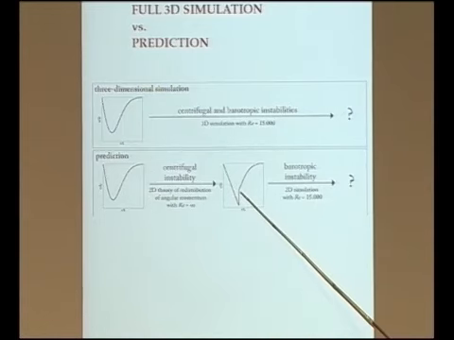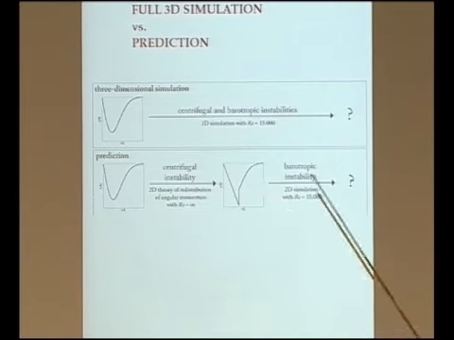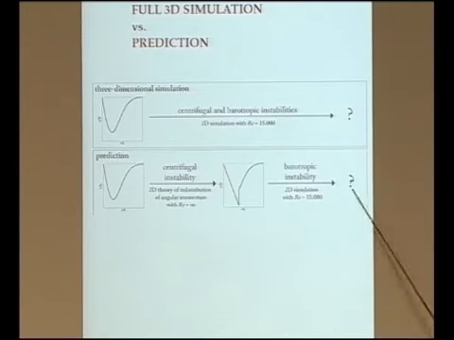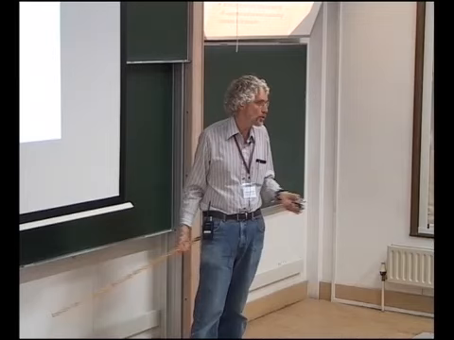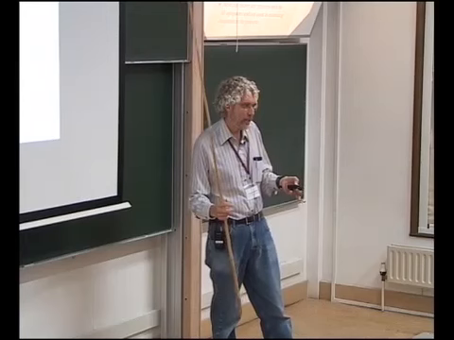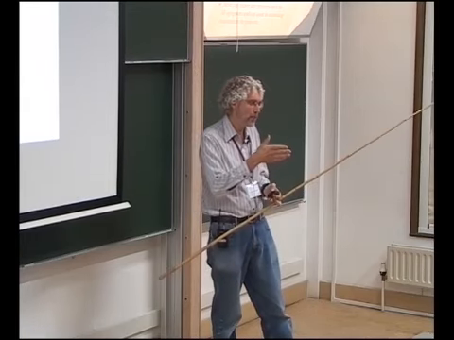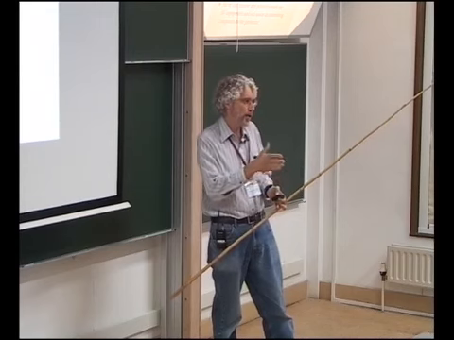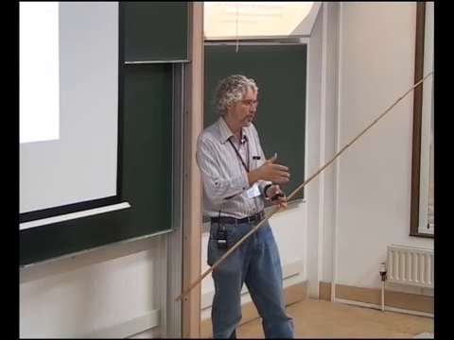And now we're going to compare it with taking the initial profile, assuming that centrifugal instability works to completion, and that gives us a new profile. So just the prescription alone gives us the new profile. And then we take the new profile and use barotropic theory, in other words, take a 2-dimensional simulation and run that profile out to its final products and see how close we can get.